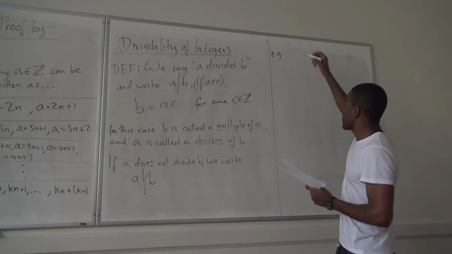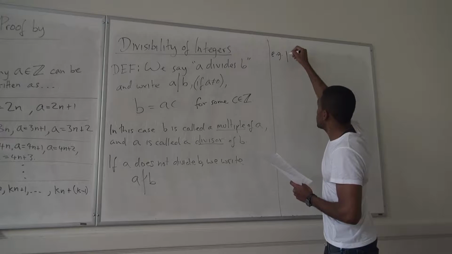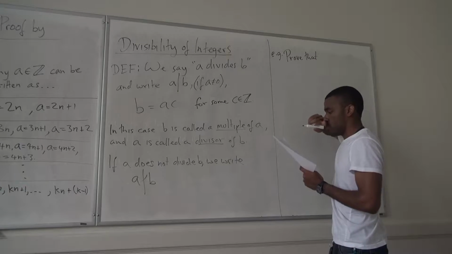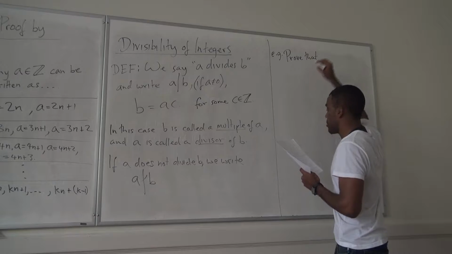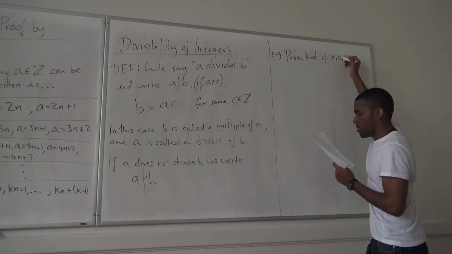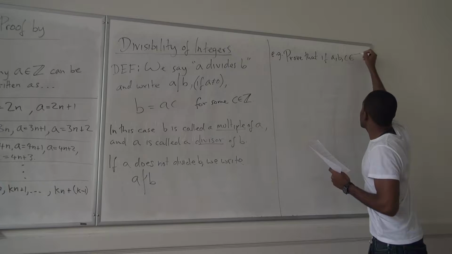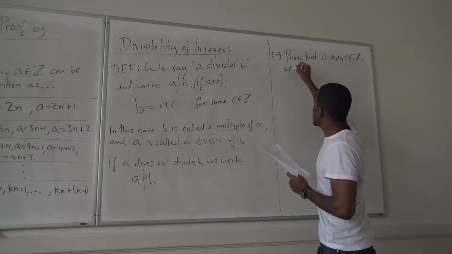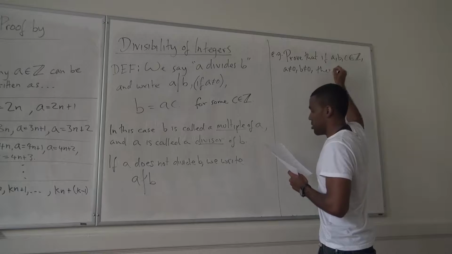Proof. Let A, B, C be integers with A not equal to 0, B not equal to 0.